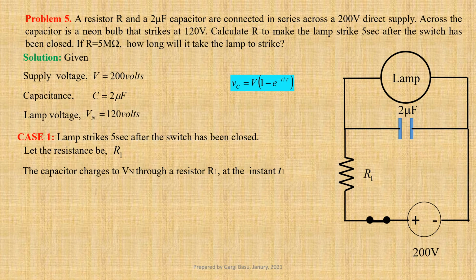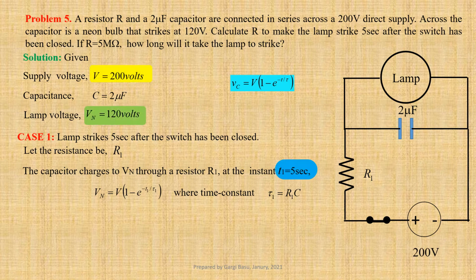Therefore, Vn equals V into 1 minus e to the power minus t1 by tau 1, where time constant tau 1 equals R1 into C. Using values, we get 120 equals 200 into 1 minus e to the power minus 5 by tau 1.